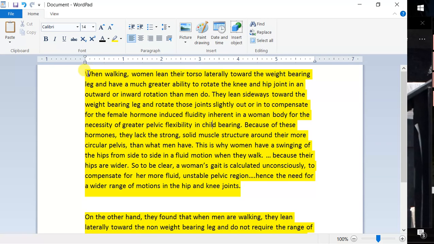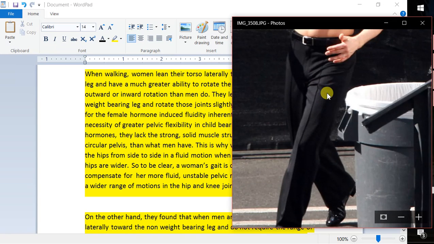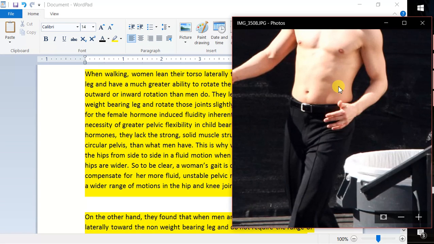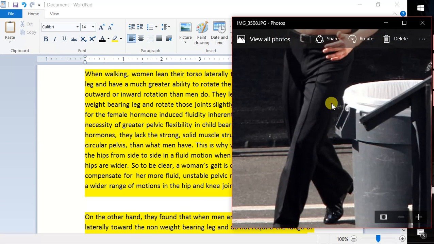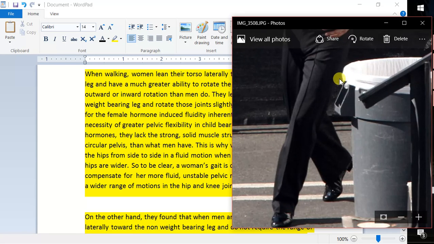It says, when walking, women lean their torso laterally toward the weight-bearing leg. All right. So for example, right now, as this supposed dude is walking, as he's turning when he's walking, if it's a female, the weight is going to be distributed to the leg that's being put forward out here.